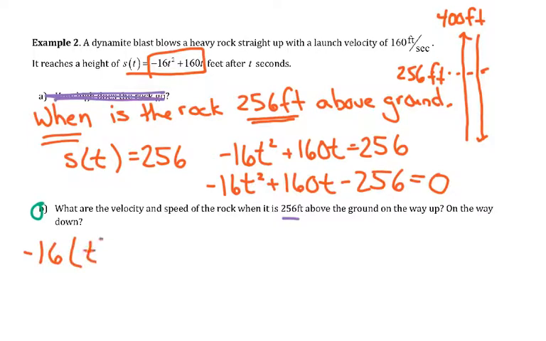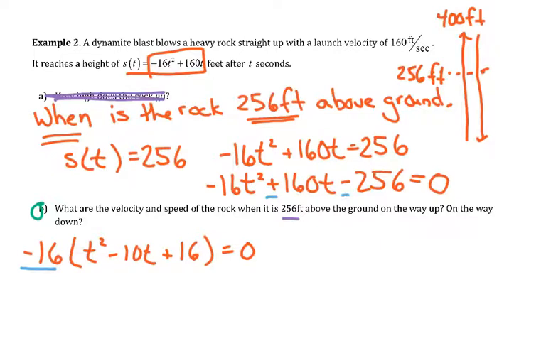That gives me t squared minus 10t plus whatever 256 divided by 16 is. I think that's 16. And then I make sure I did my signs right. Because see, I factored out a negative 16, so I should change these signs, and that looks good to me.